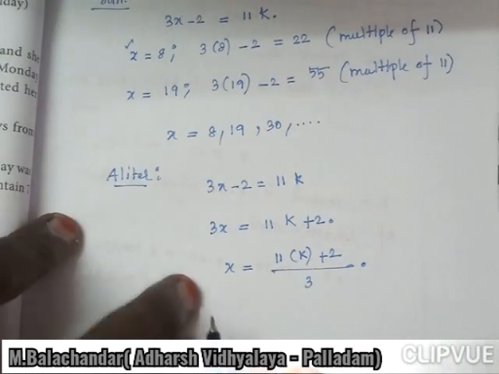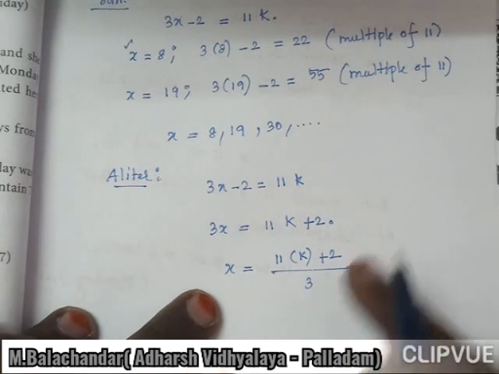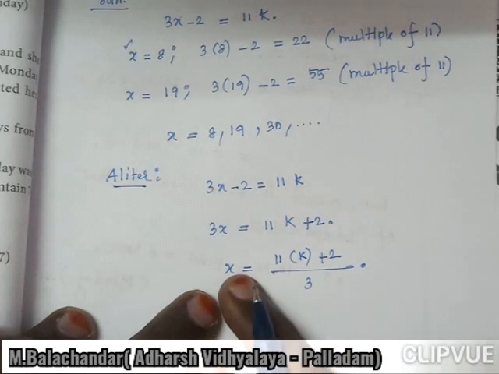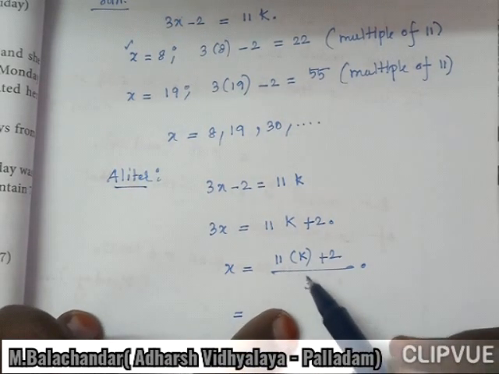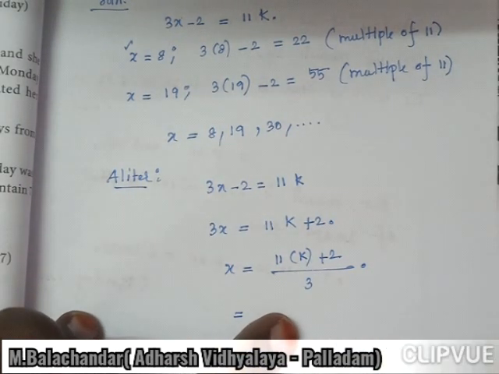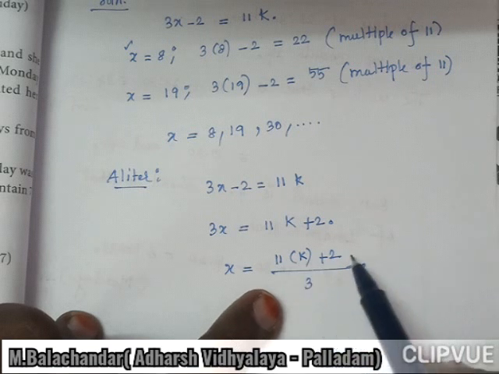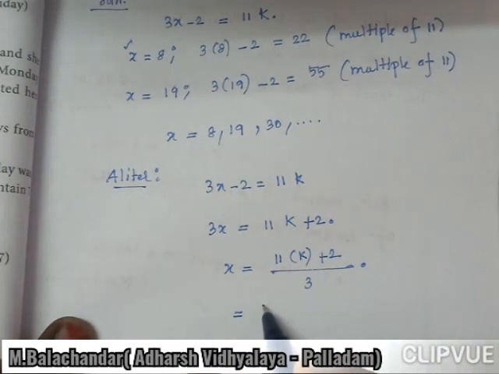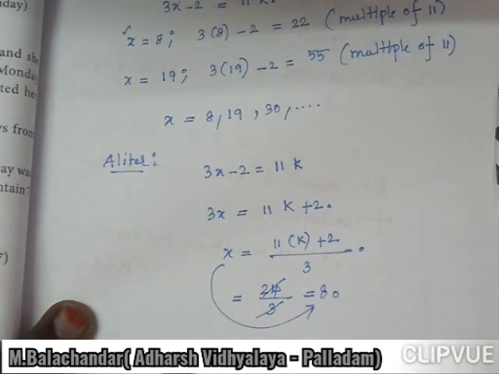After assigning the value of k, the resultant value should be divisible by 3. That will be the value of x. If k equal to 2, 2 into 11, 22. 22 plus 2, 24. 24 by 3 is exactly divisible. So the value of x is equal to 8.